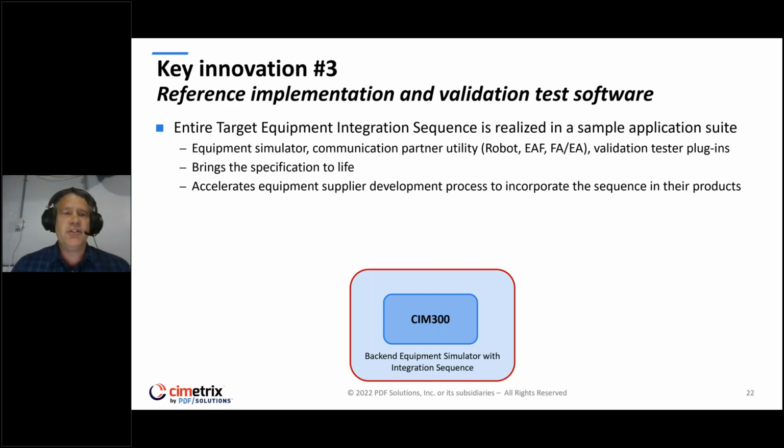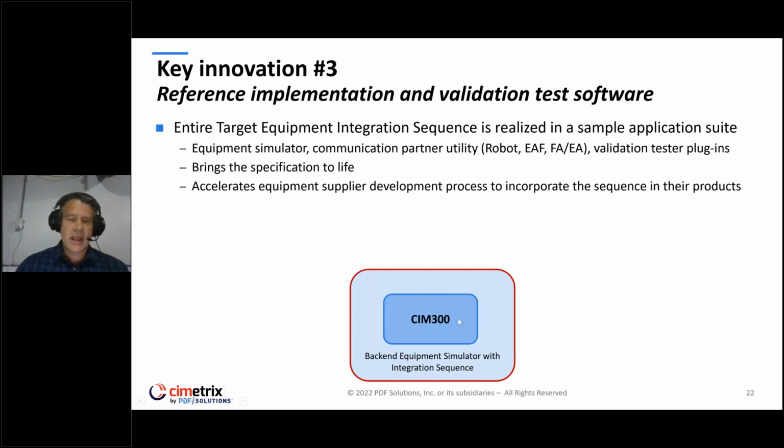A third key innovation is providing a reference implementation and validation test software. So rather than just saying, here's a specification, please read it, figure it out, which is a very hard thing to do for any specification, there is also a reference implementation available.